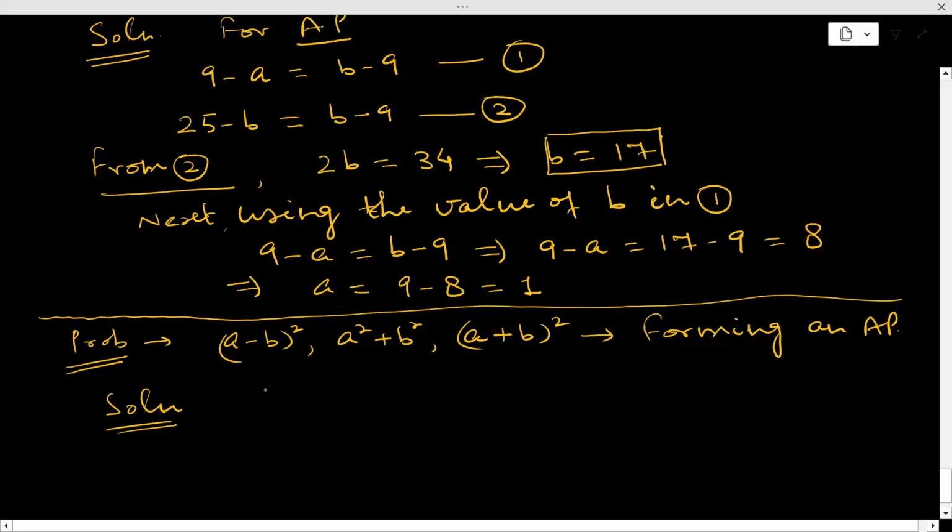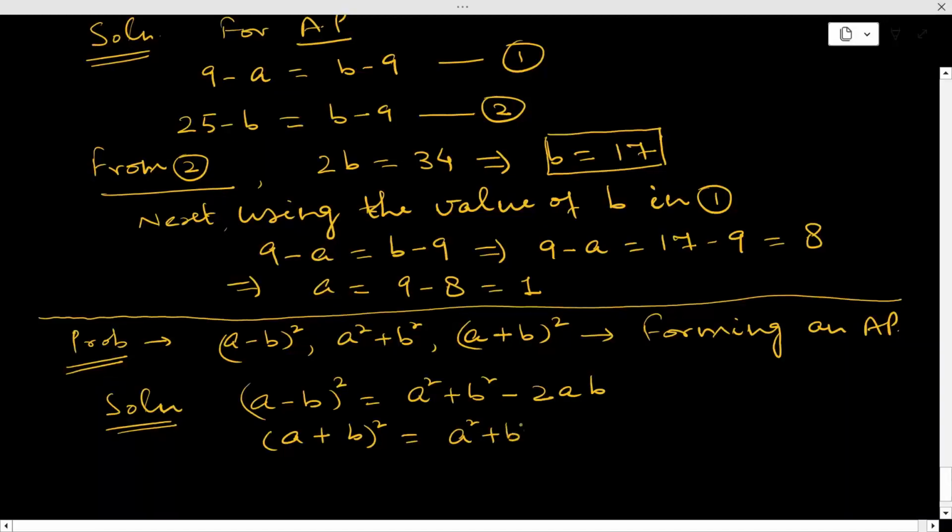First of all, we will just simplify these terms. So (a minus b) whole square is a very popular formula, and we know that this can be written as a square plus b square minus 2ab. And same, we know that (a plus b) whole square will be a square plus b square plus 2ab.